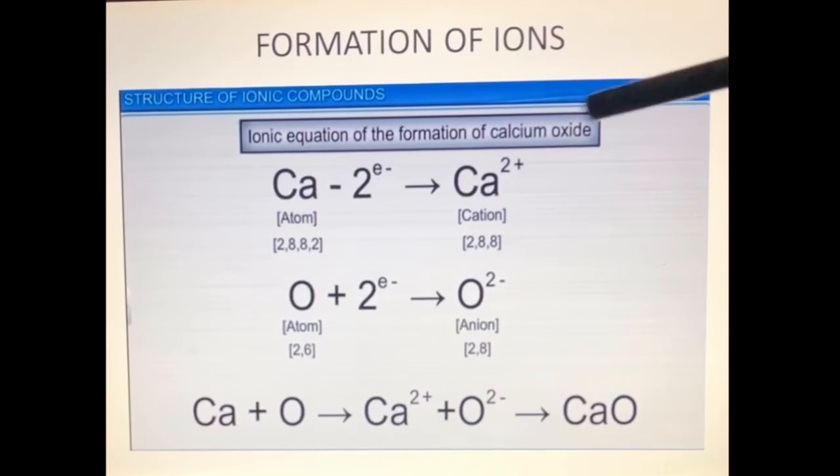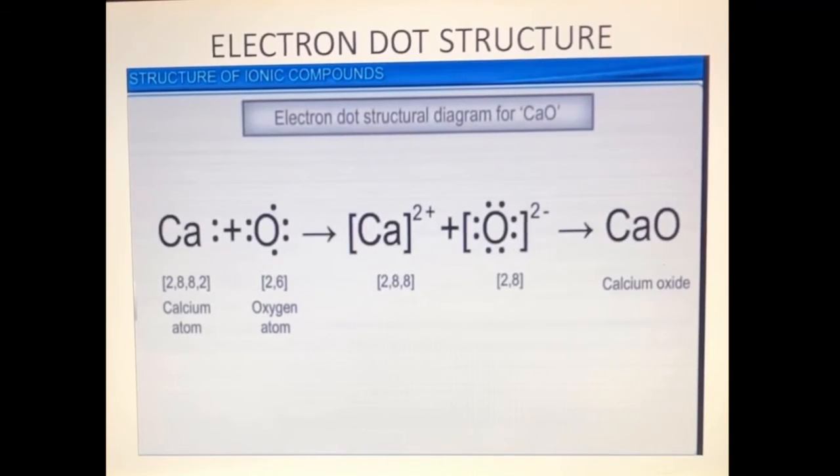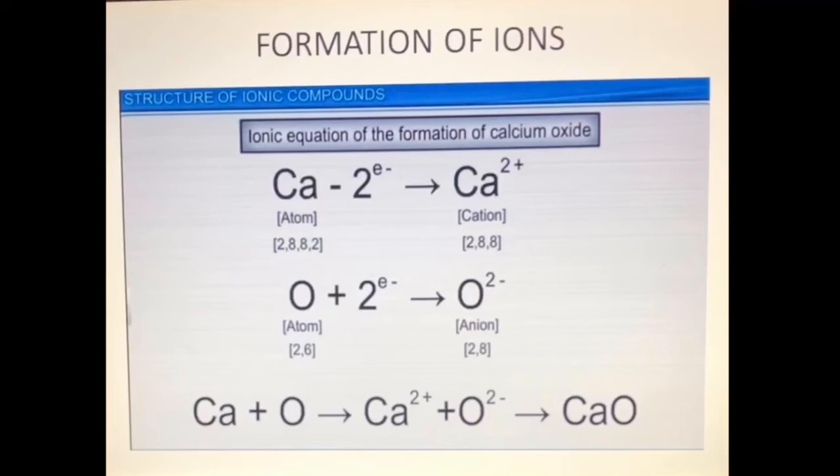So calcium releases 2 electrons, or transfers 2 electrons, to get Ca2+ by oxidation, and oxygen accepts 2 electrons to form O2- by reduction.